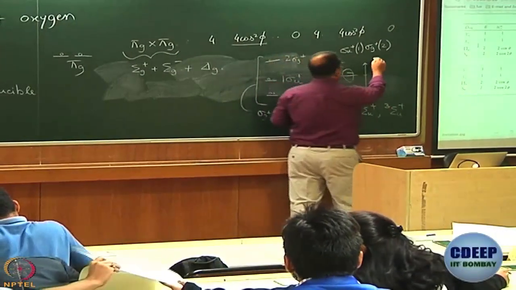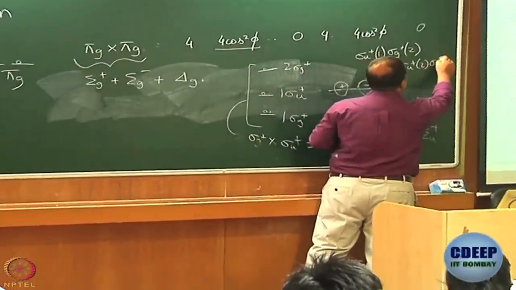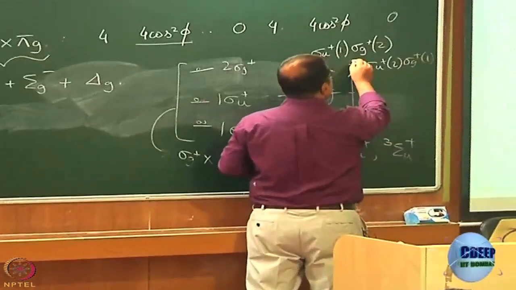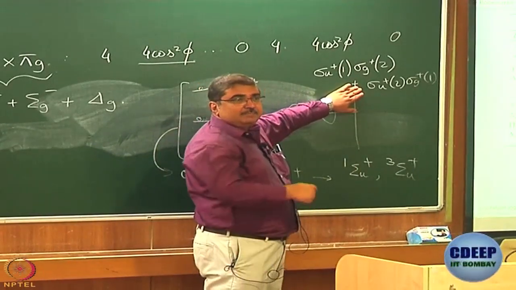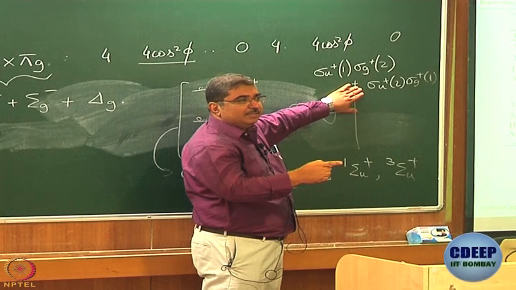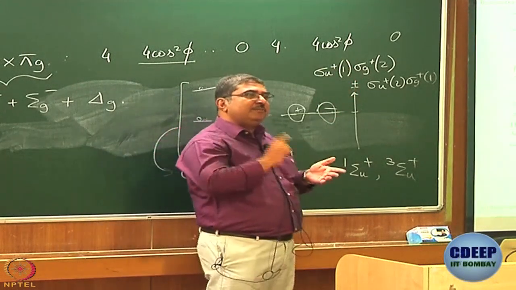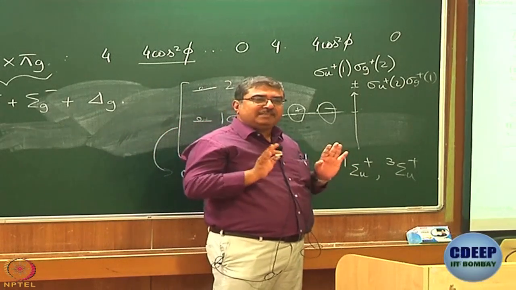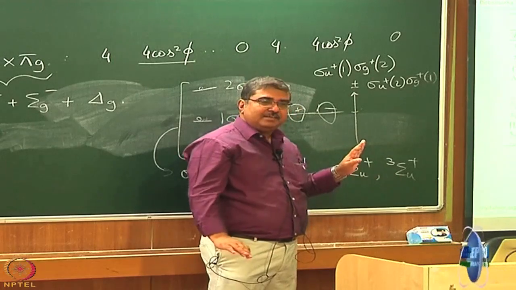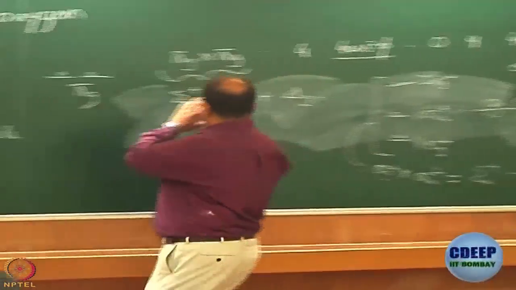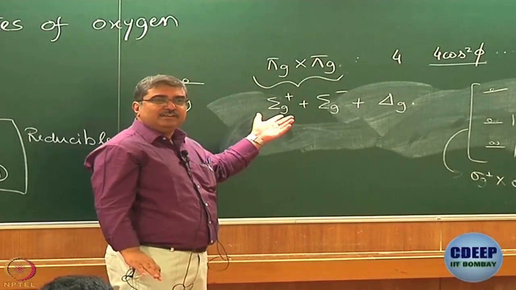I have to take the other combination, sigma u plus 2 sigma g plus 1, and then I can take plus or minus, right. If I take plus, then the spin part has to be alpha beta minus beta alpha. If I take minus, then the spin part has to be alpha alpha or beta beta or alpha beta plus beta alpha, remember. So, both are possible. The first one is singlet, second one is triplet. So, if we proceed along the same lines here, then we can assign singlet and triplet to every one.